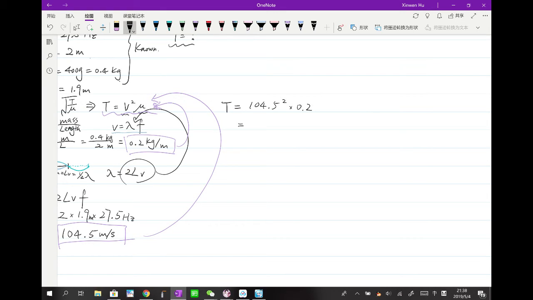So the answer will be 2184.05 Newton, which we can round to 2180 Newton.